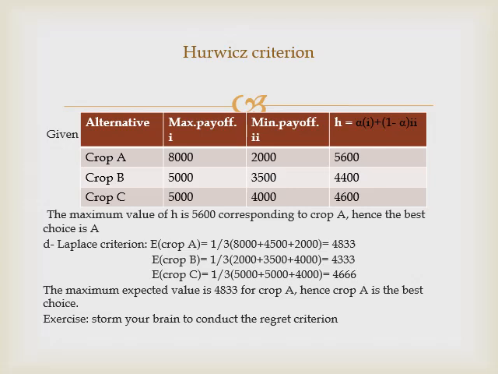The maximum payoff for group A is 8,000, for B is 5,000, for C also is 5,000. My payoff for A is 2,000, for B 3,500, for C is 4,000.